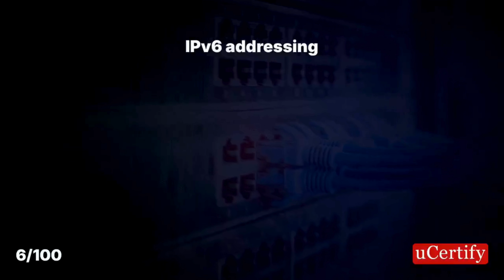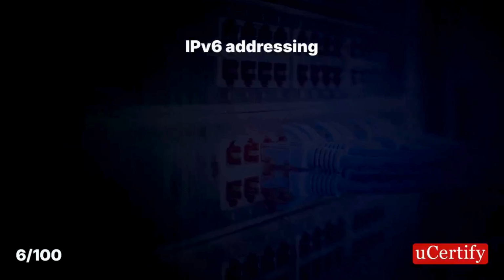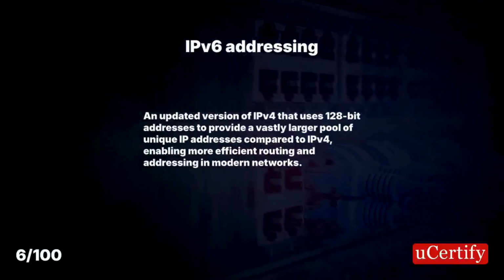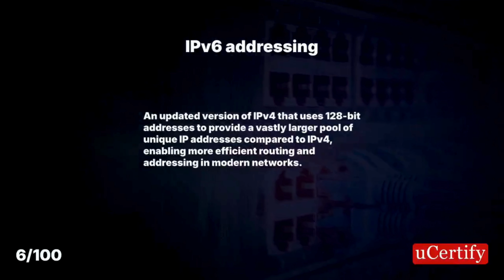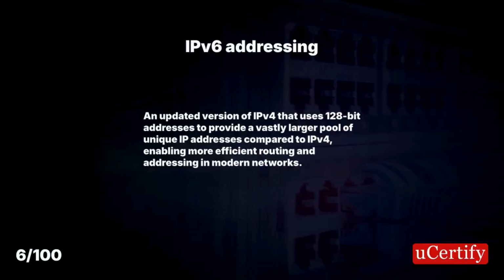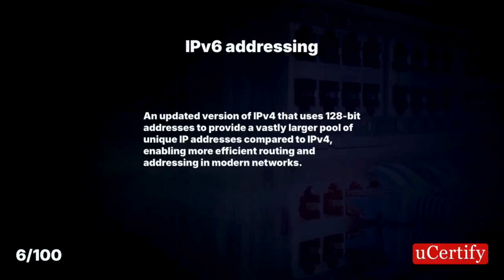Term: IPv6 addressing. Definition: an updated version of IPv4 that uses 128-bit addresses to provide a vastly larger pool of unique IP addresses compared to IPv4, enabling more efficient routing and addressing in modern networks.